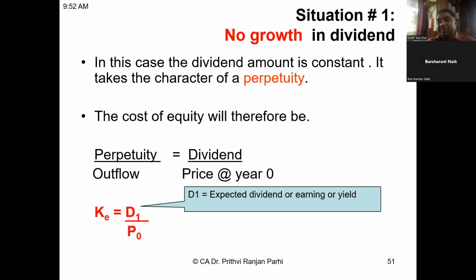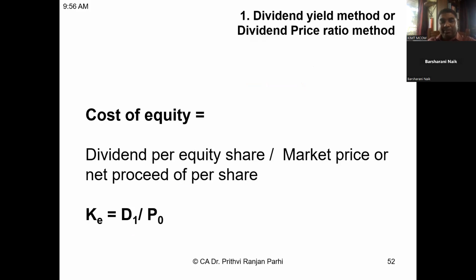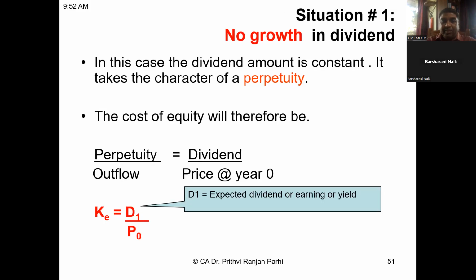So expected dividend by P0. Suppose today the share price is 100 and the dividend expected next year is 18 rupees. So 18 by 100, very simple. 18% is the cost of equity. So I think you'll be able to do it. Fine. I think you have understood the first model, D1 by P0.